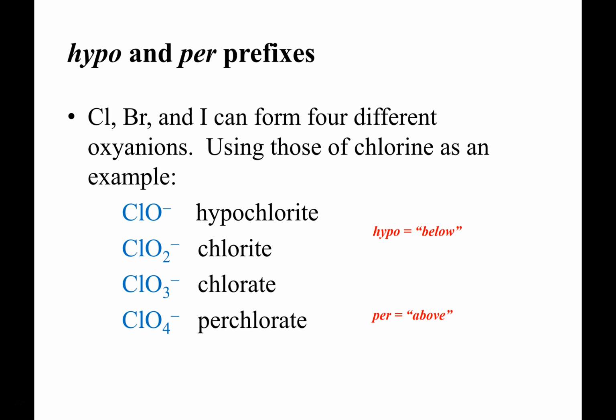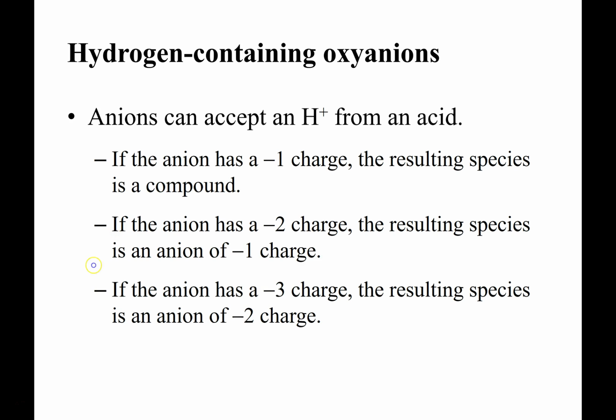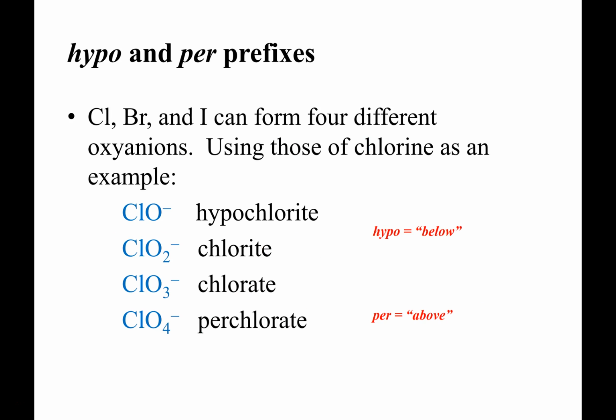So smack dab in the middle, they combine with 1 oxygen, 2 oxygens, 3 oxygens, and 4 oxygens. So right here, you've got your ite and ate, okay, with 2 and 3, and that's going to be the same thing for bromine and iodine.